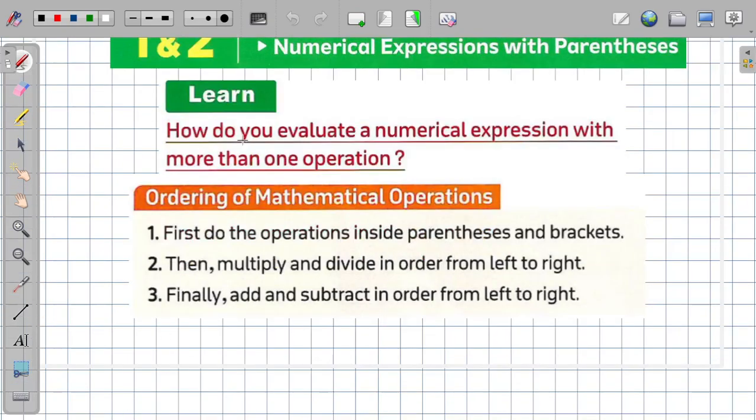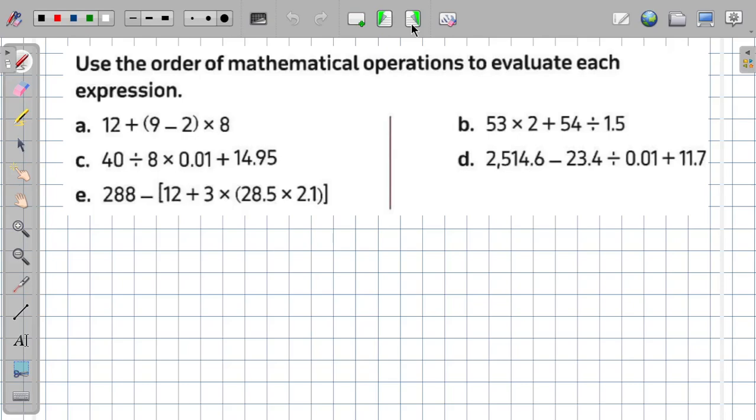So, let's try to evaluate an expression to know how to do this order of operations. First, we have 12 plus (9 minus 2) times 8. How to evaluate it? I will say we have parentheses, and inside parentheses we have subtraction, we have addition, and we have multiplication.